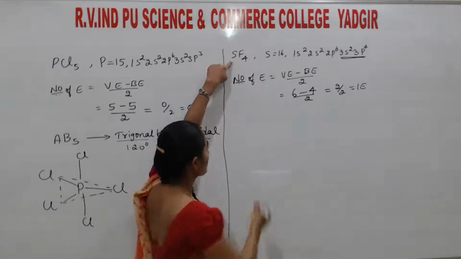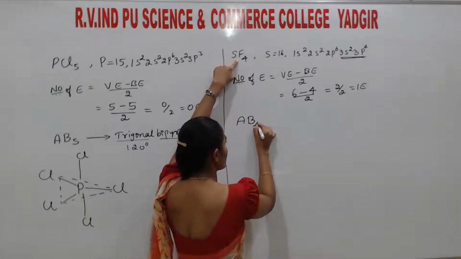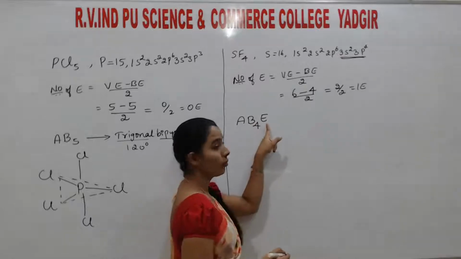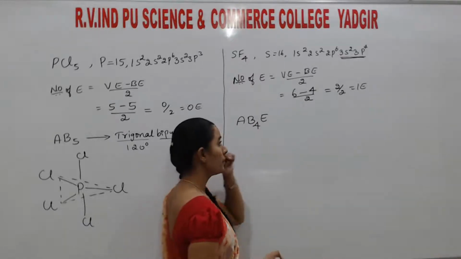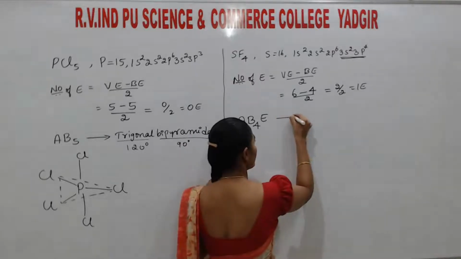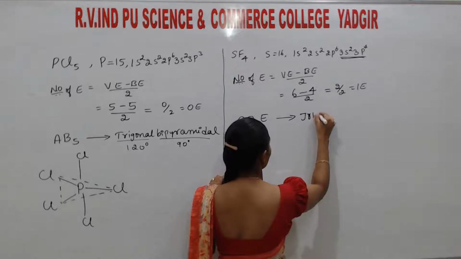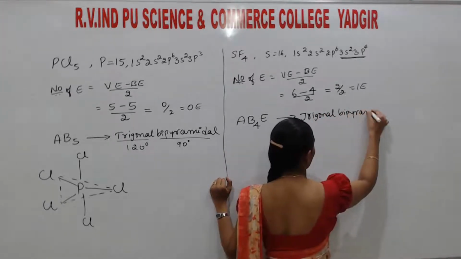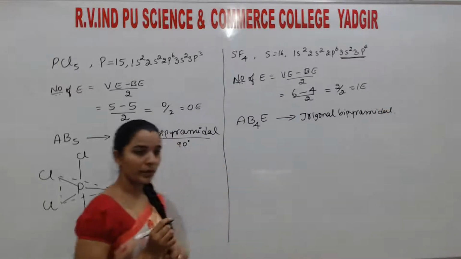Students, here sulfur is A and fluorine is B, 4 times, AB4, and the 1 electron pair, that is AB4E. Of course, this also follows the standard trigonal bipyramidal structure, but the actual structure is different.